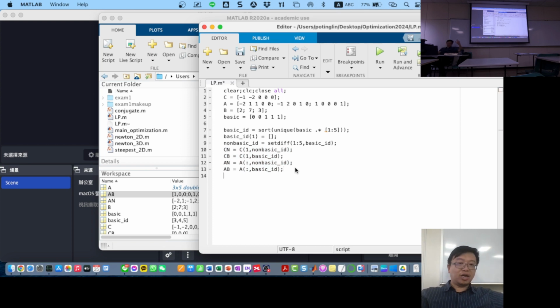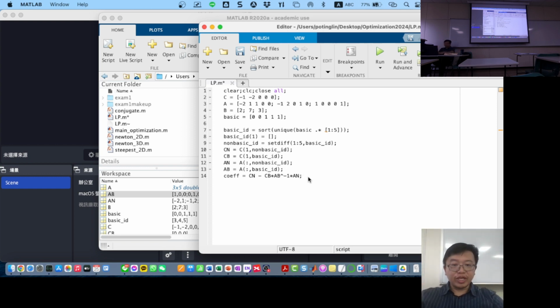So the next will be checking Cn minus Cb times Ab inverse times An. I'm going to call this coefficient, because this is the coefficient for the non-basic variables, and we are looking for the most negative ones.